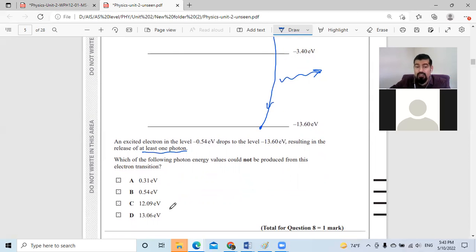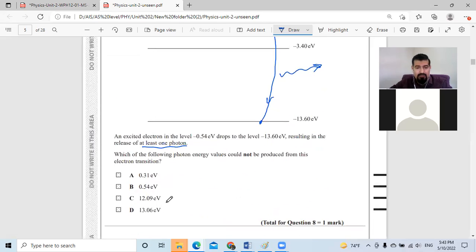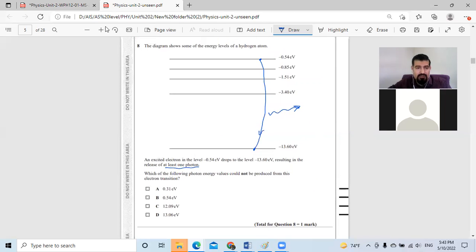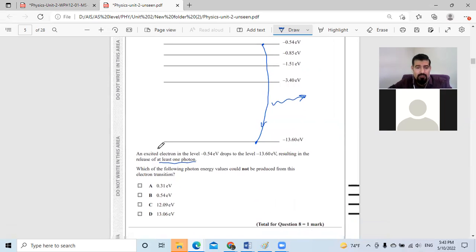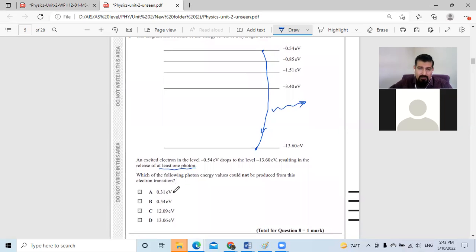Like this question, it will take a lot of time from you to keep calculating. Look what we have here. This is question number 8. We keep calculating the values. Now look here. How much is the difference between this one and this one? How much is the difference between these?